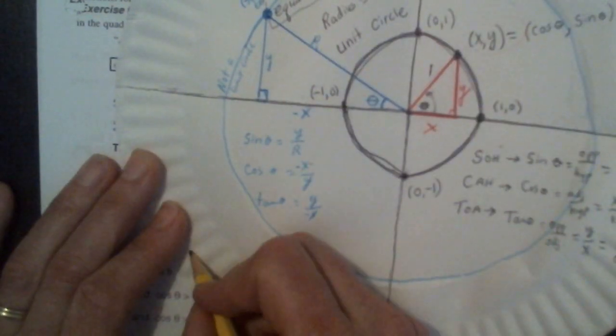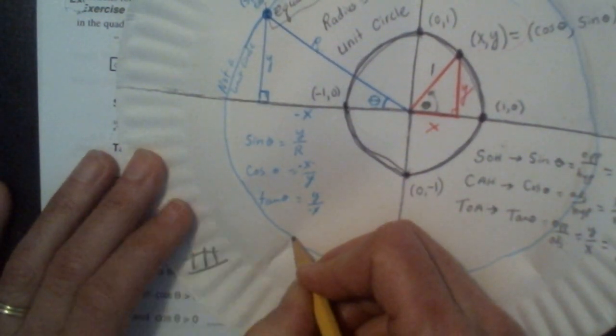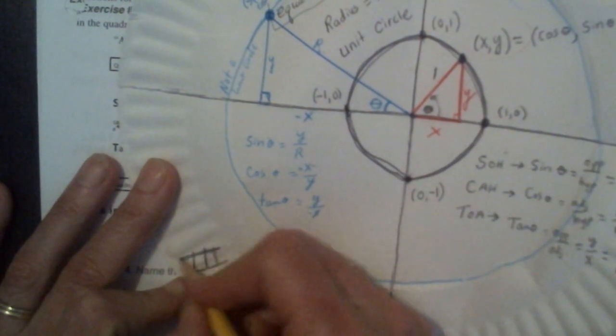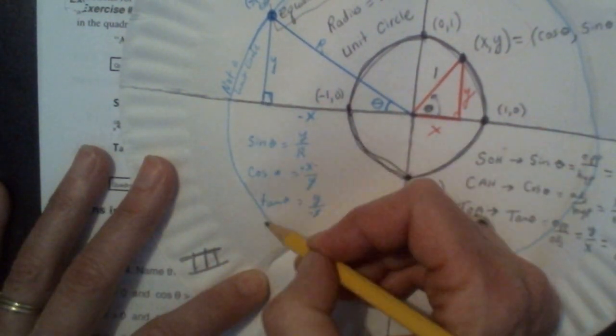If we created an angle down here in quadrant 3, if we were to rotate all the way around and have an xy value down here, because we're in quadrant 3, the x goes negative and the y goes negative.